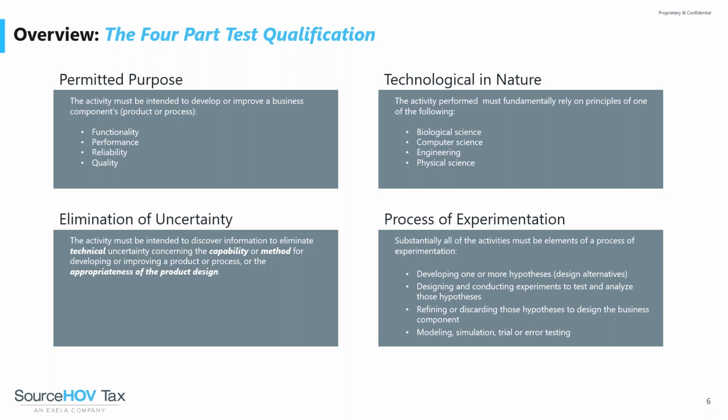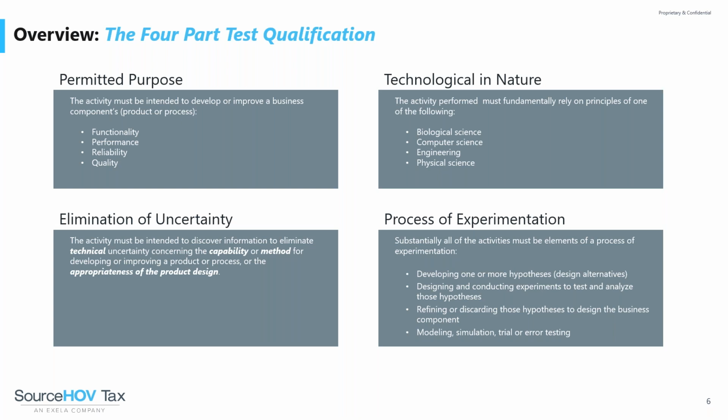having meetings for planning purposes where you might not be working on a specific part of the platform, but evaluating technologies and functionality that you may want to integrate in the future. All of these things, in addition to activities like code review, quality review, validation, testing, all of those speak to a process of experimentation that will be accepted by the IRS with regard to your R&D project.